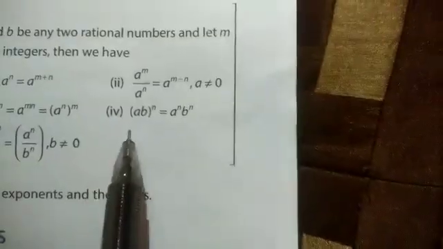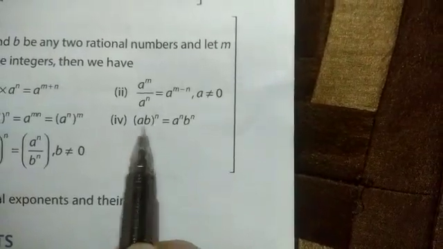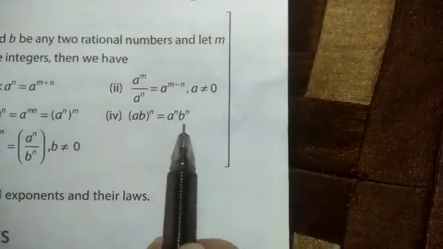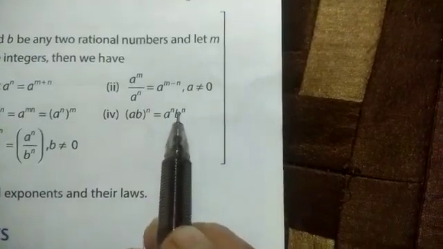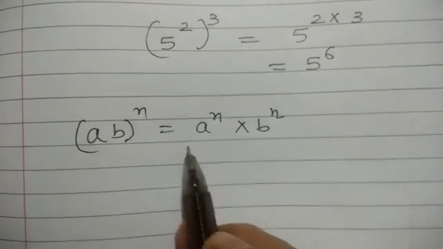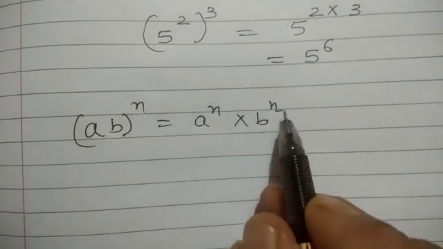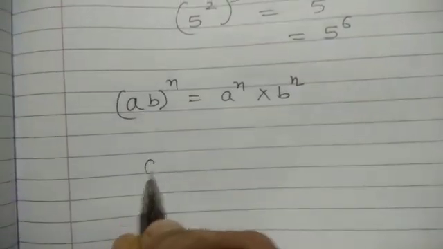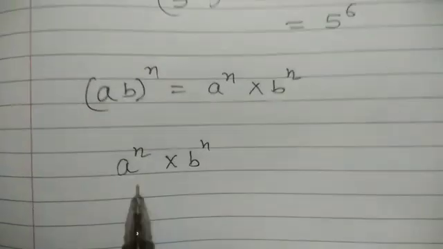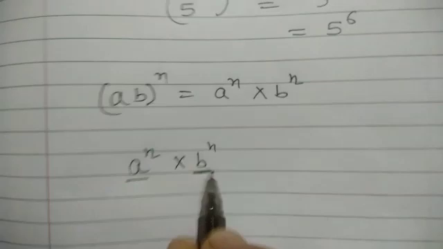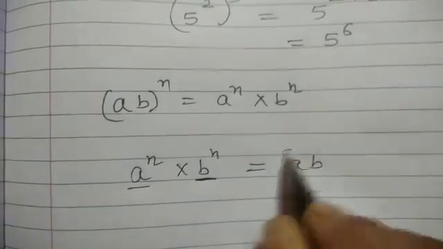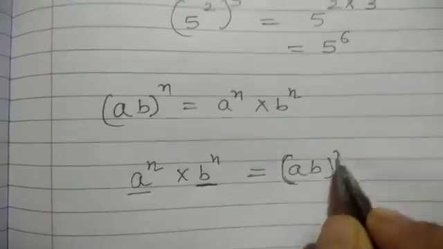Now our next rule is, if there is a into b to the power n, this can be written as a to the power n into b to the power n. Or sometimes, if the bases are different, you can see a and b are different and their power is the same, so they can be written as a into b whole power n.